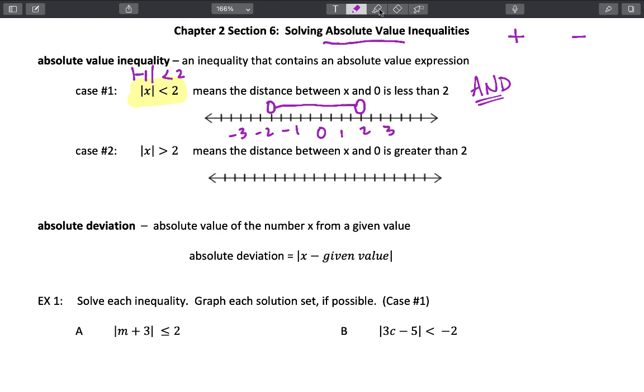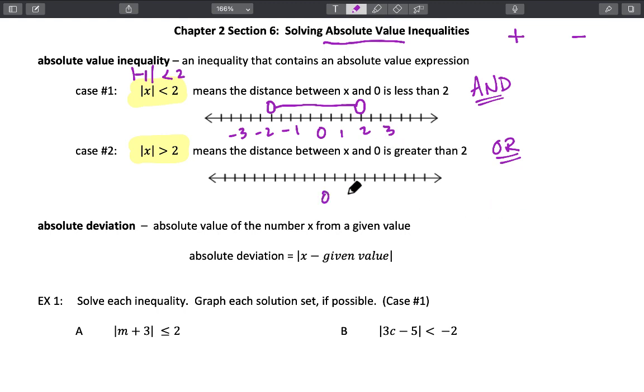Our second key concept, which we call case number 2, is when our absolute value is greater than a positive number. Well, this is going to represent an OR case. This means the distance between x and 0 is greater than 2.